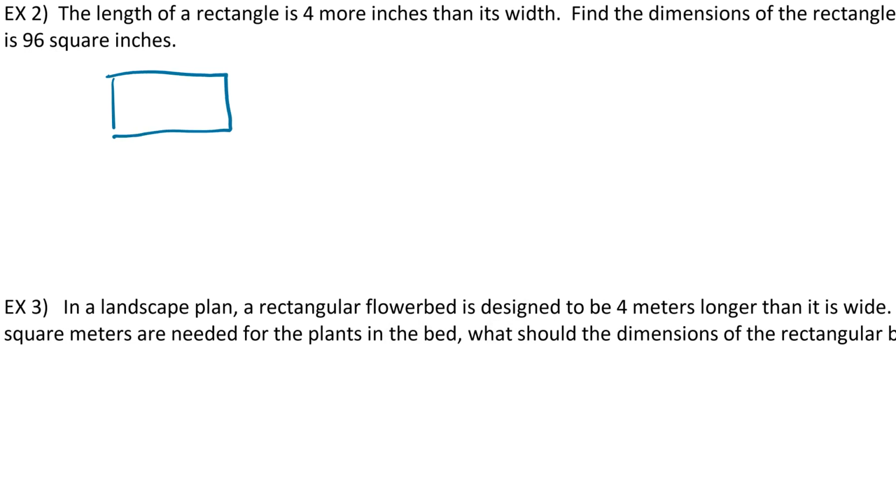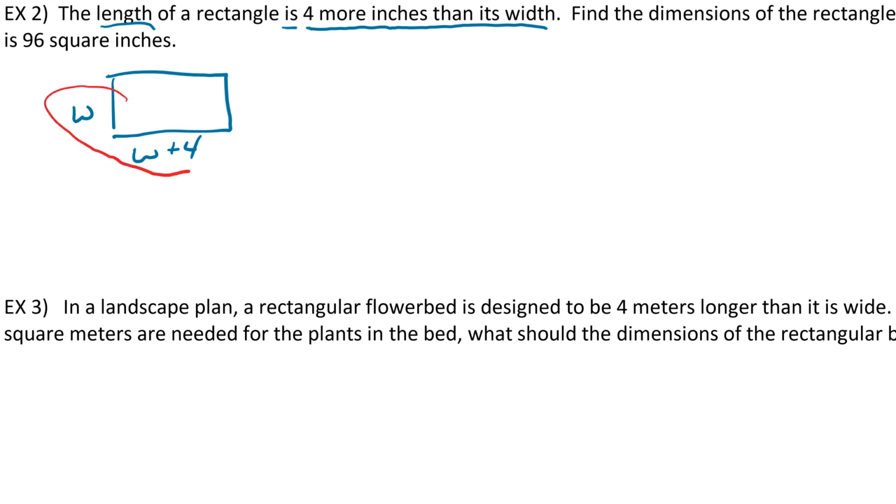So we know that the length of the rectangle is 4 more inches than its width. So 4 more inches than its width just means W plus 4. And just like the other one, the other side will just be W because that's just the width.